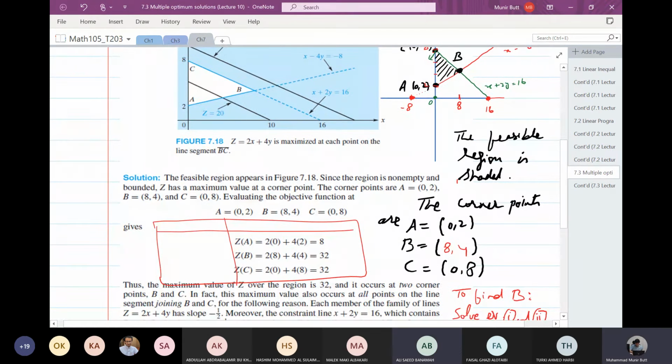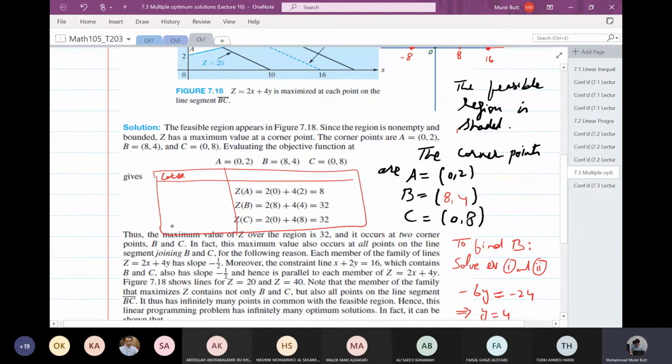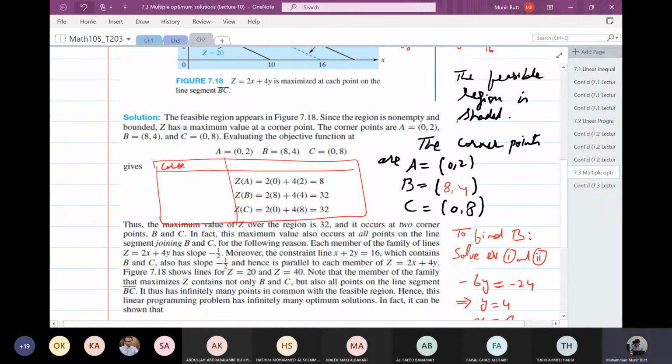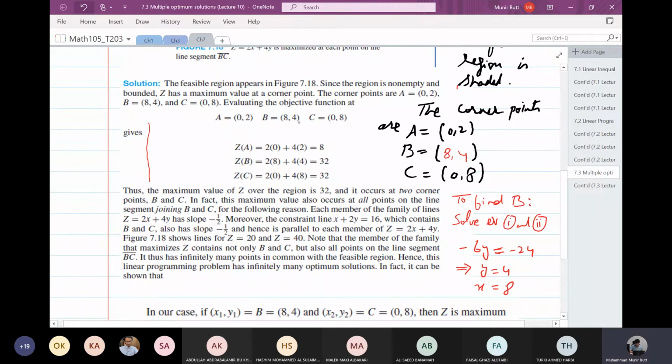Okay, so now what we do, we use this corner point.